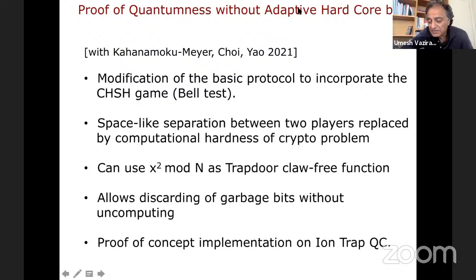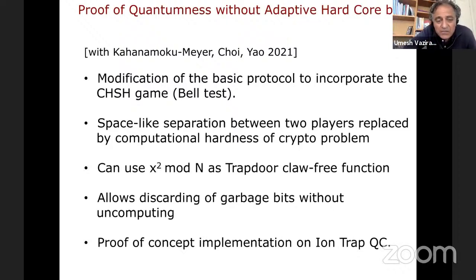So can we actually do this proof of quantumness without the adaptive hardcore bit? I should emphasize here that this adaptive hardcore bit seems quite necessary for the randomness generation, but here it doesn't seem necessary.